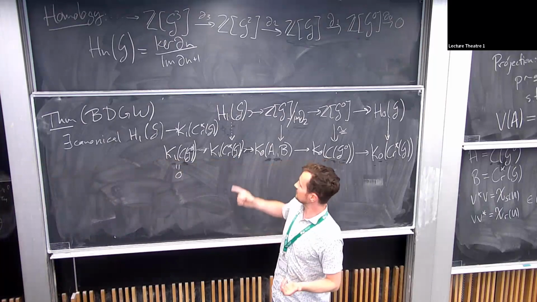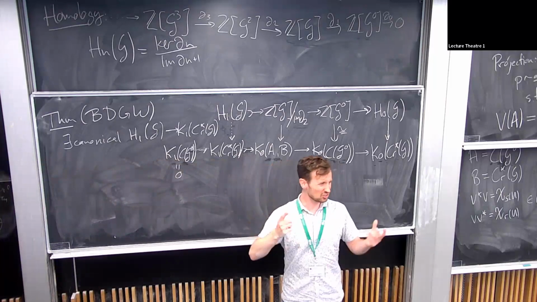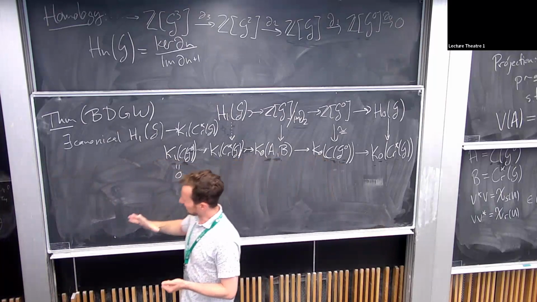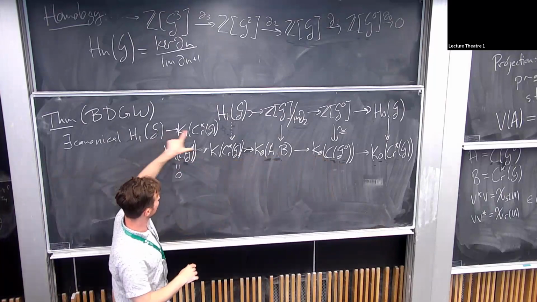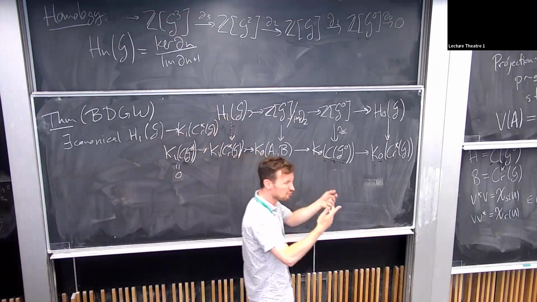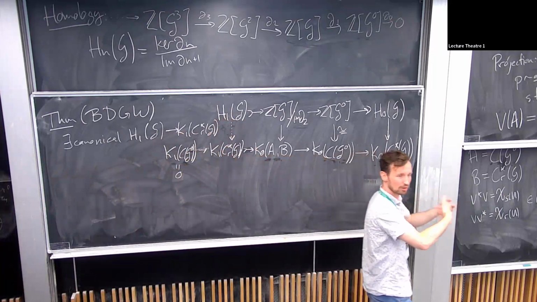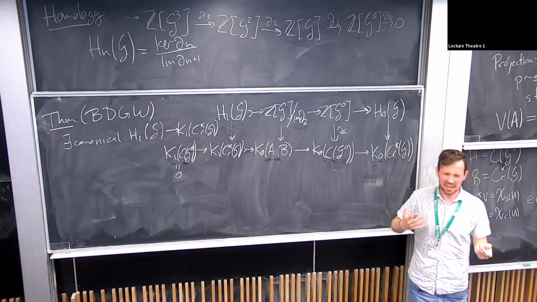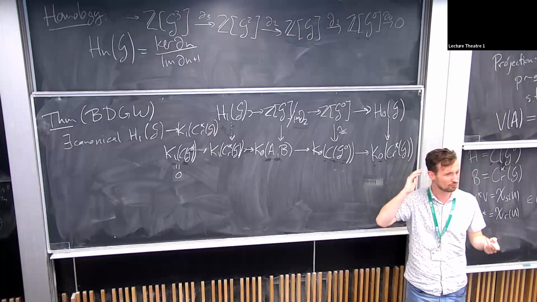I realized that this conjecture, if you think of H0 and H1 as being similar in flavor to K0 and K1 for the C-star algebra, started reminding me of things I'd seen before.